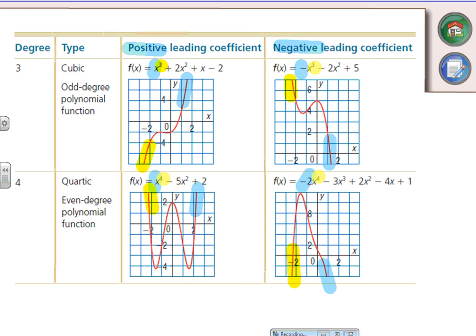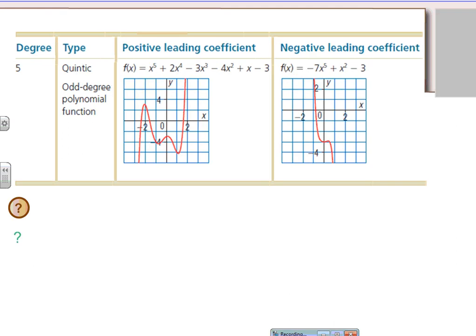Always do the leading coefficient first. And the last one we're going to look at, quintic. Same thing. Positive leading coefficient, ends up. Odd degree, starts opposite. Leading coefficient negative, ends down to the negatives. Exponent is odd, opposite.